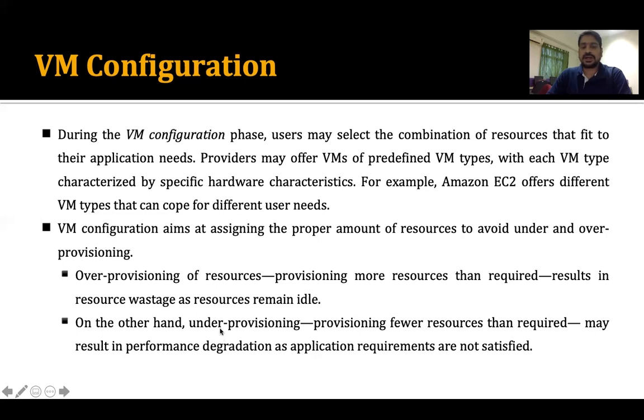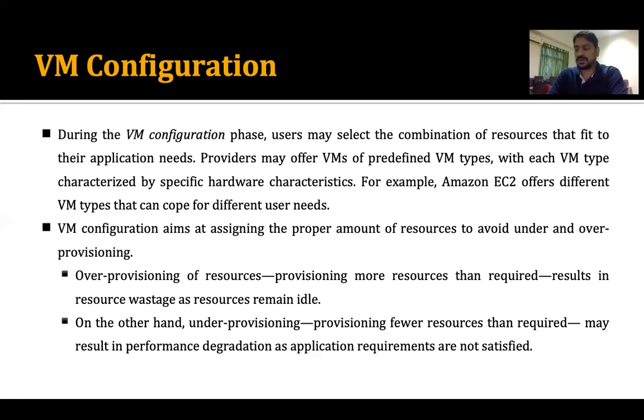On the other hand, under provision is provisioning fewer resources than required. So if a user requires 2 GB of memory and you are giving only 1 GB of memory, it is also not proper. It may result in performance degradation as application requirements are not satisfied.